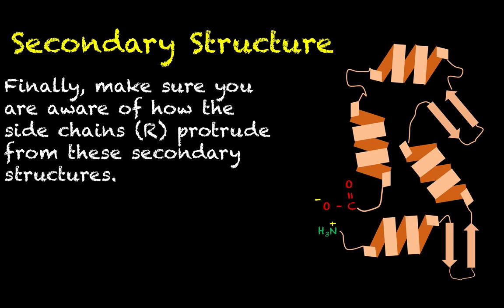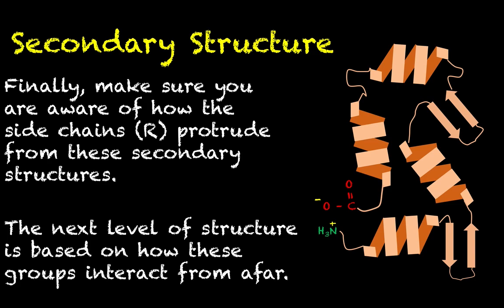This means, again, that the side chains do not participate in secondary structure, but the way in which they protrude from the secondary structures is going to be very important for when we move on to tertiary structure. So the next level of structure, which is tertiary structure, is going to be based on how the side chains interact with each other from far away.